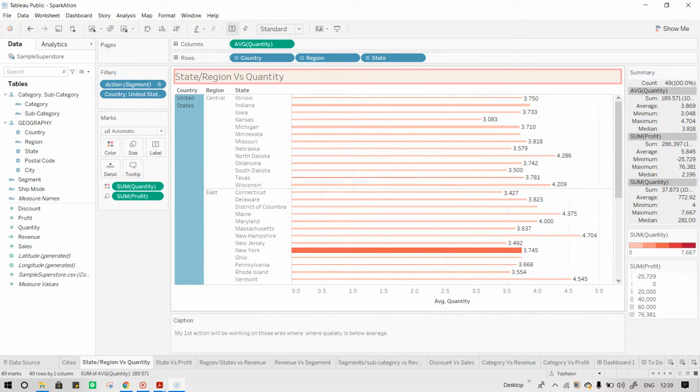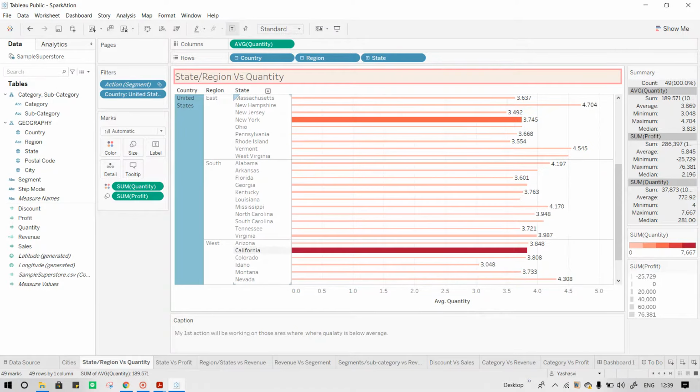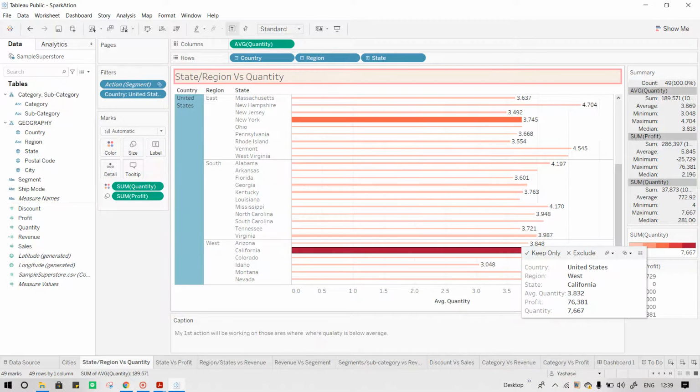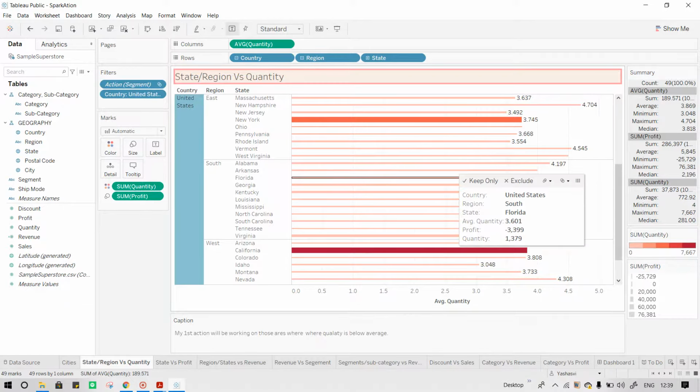Some marketing research can be done over these stores to understand the different mindsets of the people. For example, in California the profit is good but the quantity is below average, but people have a different mindset towards different states, like in Florida.